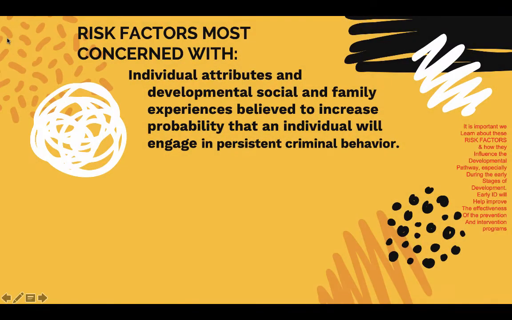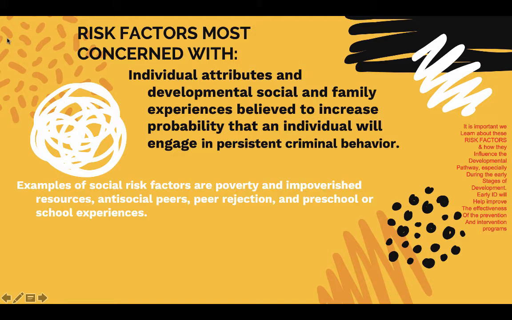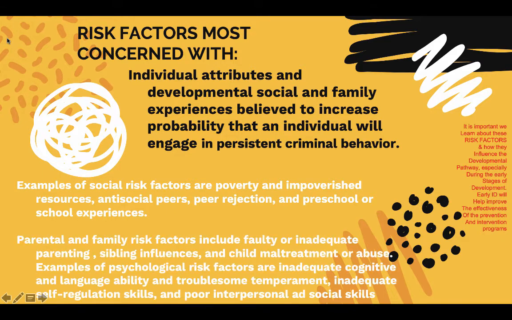All right, risk factors are most concerned with individual attributes and developmental, social, and family experiences believed to increase the probability that an individual will engage in persistent criminal behavior. Examples of social risk factors are poverty and impoverished resources, antisocial peers, peer rejection, and preschool or school experiences.